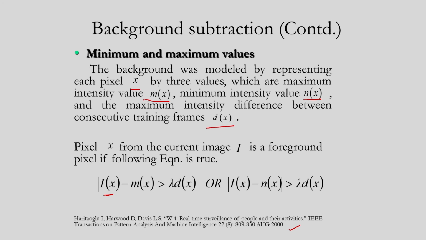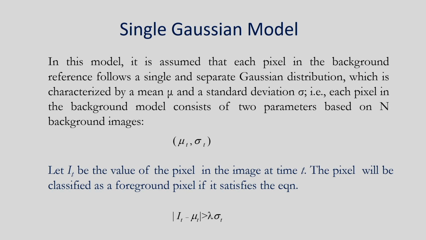Based on this I can determine the foreground pixels, and this is also a very popular technique for background estimation, background modeling. So, we can employ a single Gaussian model. In this case, each pixel in the background reference follows a single and separate Gaussian distribution.